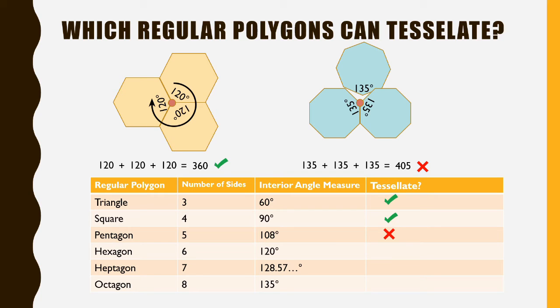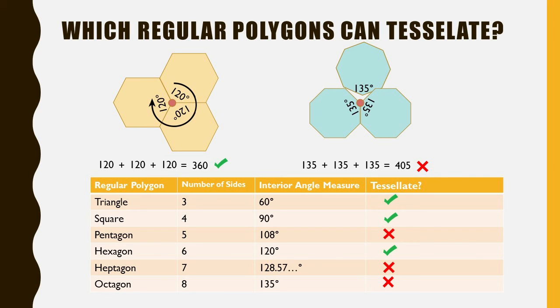We saw that earlier. So that one works. 128.57 does not divide evenly into 360, so it cannot tessellate. For an octagon, we already saw it cannot divide evenly, so it cannot tessellate. So we're seeing here that only 3 regular polygons can tessellate: the triangle, the square, and the hexagon.